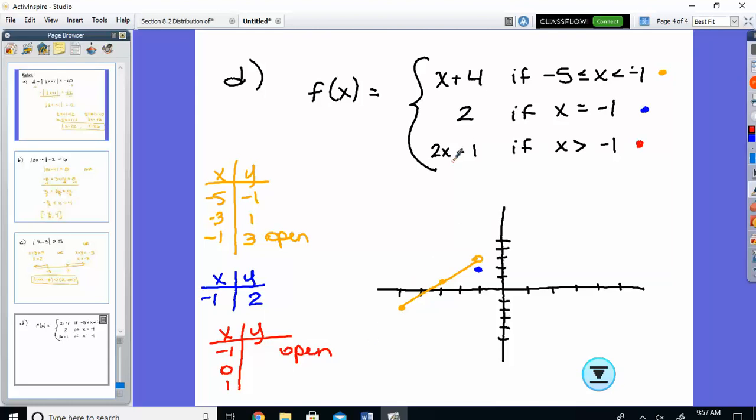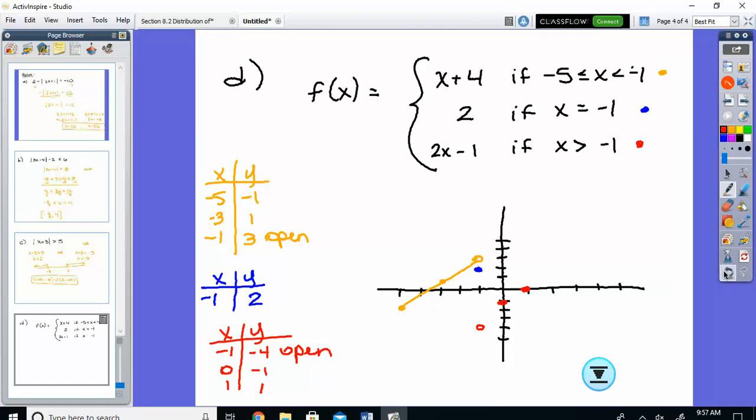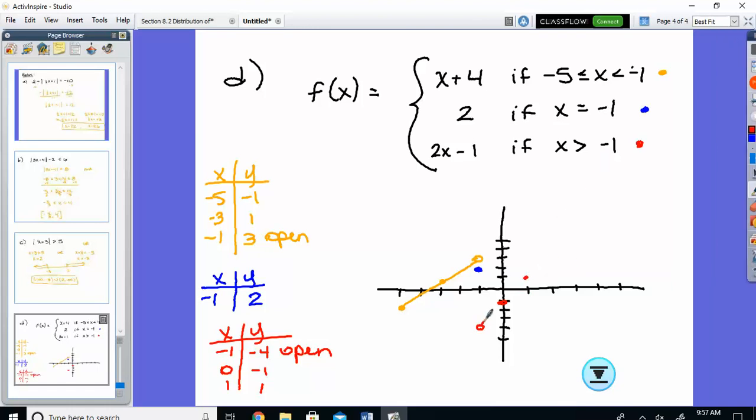So if we put in -1, 2 times -1 is -3 minus 1, -4. Put in 0, you get -1. Put in 1, you get 1. So -1, -4 is open. But this one didn't have 2 stopping points. It just kept going for every x greater than -1, so this end just keeps going.